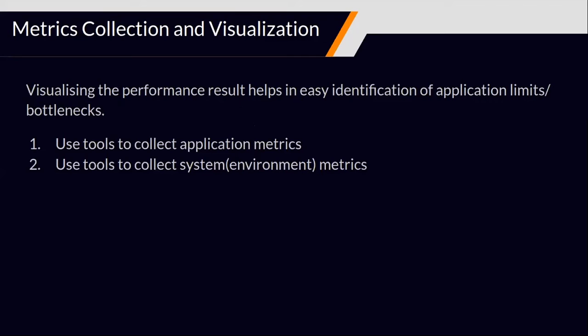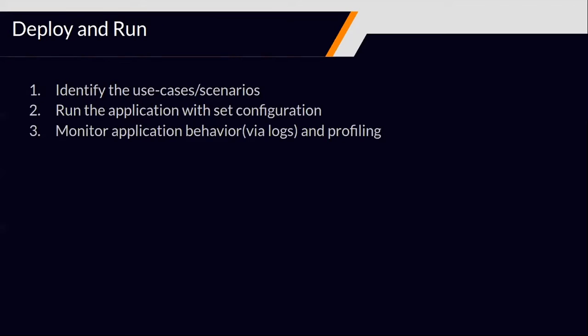I just want to make a mention of when we are actually running all the tests. When we are running the test, we should go and collect all the data, be it system metrics or application metrics, and see how well the application is performing. We can choose to integrate different application monitoring systems like Prometheus and Datadog, along with a visualizing tool like Grafana, so that whatever data we have collected, we can visualize in a graphical manner, so that it's evident to us that there is some performance bottleneck in our application.